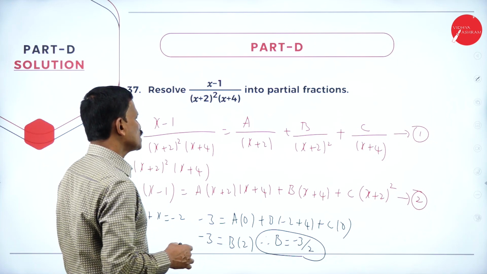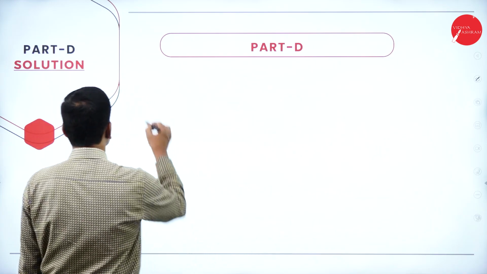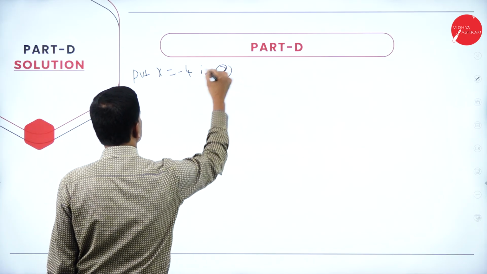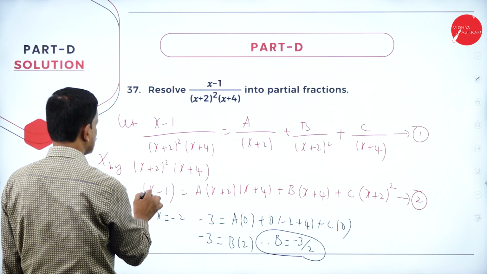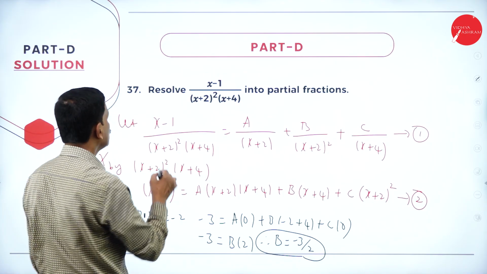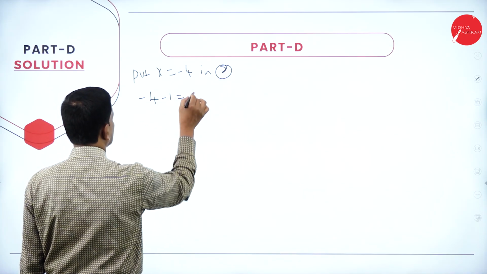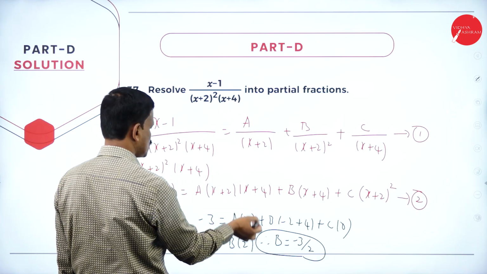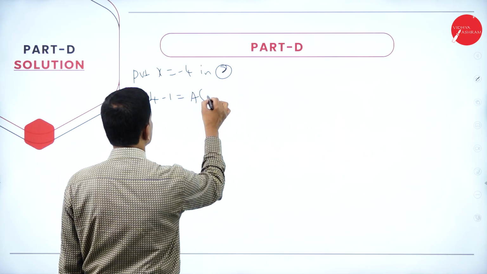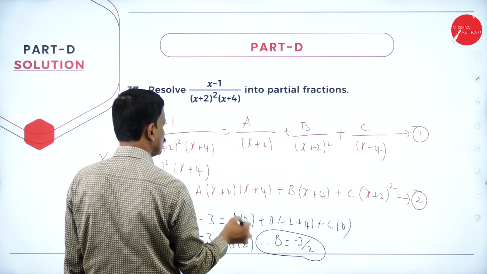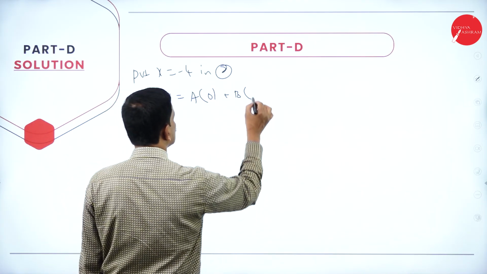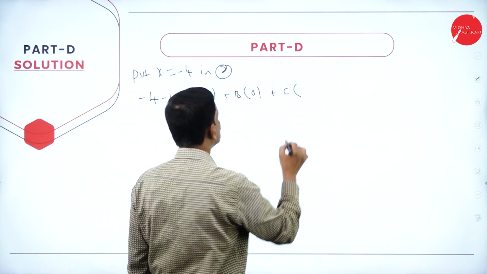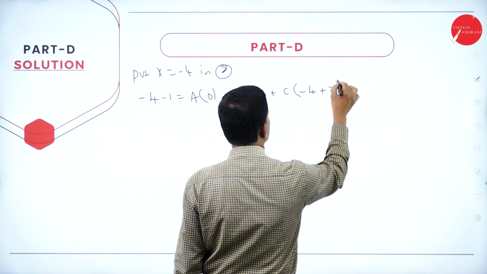Now similarly put x is equal to minus 4 in equation number 2. On the left hand side, minus 4 minus 1 is equal to A into, if you put x is equal to minus 4, this becomes 0, A becomes 0, plus B into, B is also 0, plus C into minus 4 plus 2 all the square.